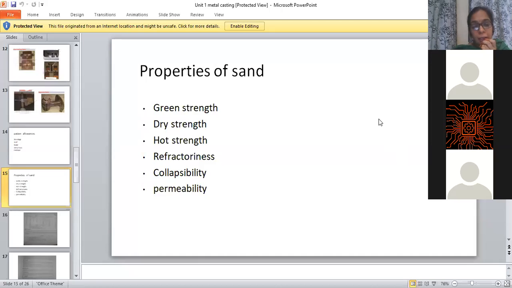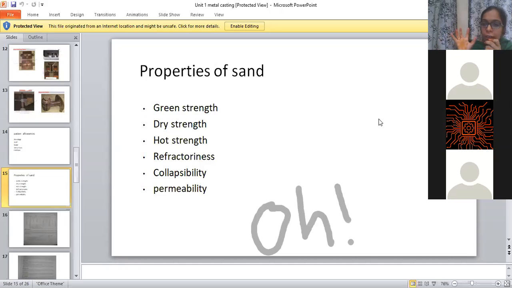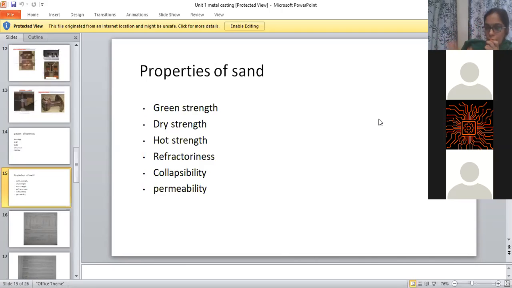Okay, what is green strength? Green strength is the strength of the sand that holds moisture content. Green sand is not green in color. The sand which has moisture content, you call it green sand. Dry sand is the one which does not have moisture.